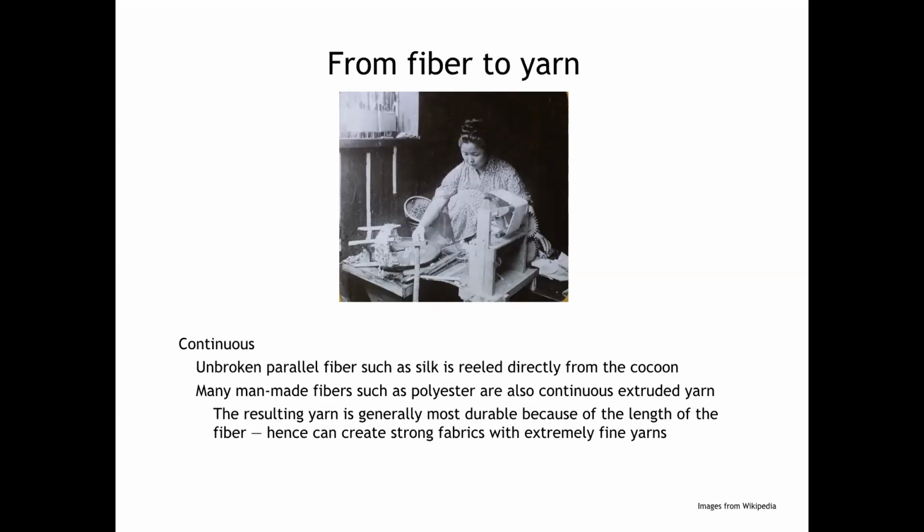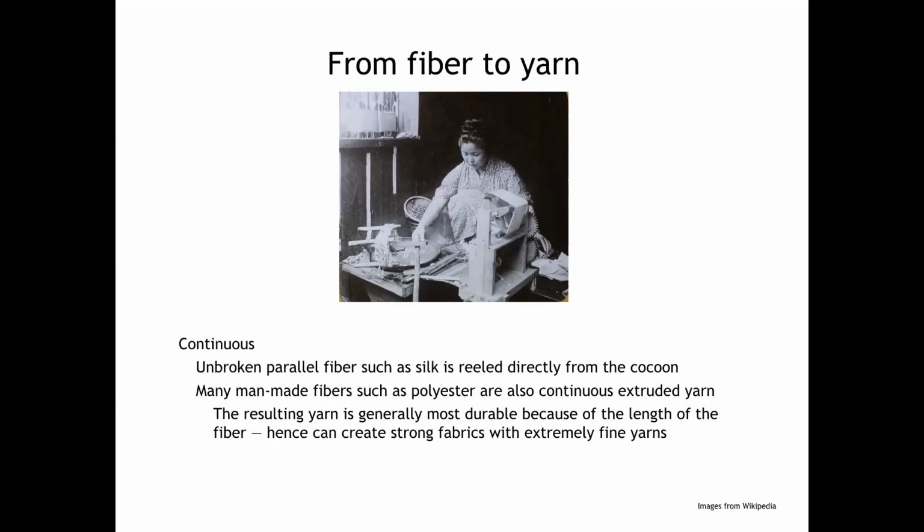And that is a continuous yarn. There are no breaks in the yarn. It's not plied, it's not tied together, it's continuous. And the process for the silk is called reeling, because you reel the yarn on that device that you see on the right.